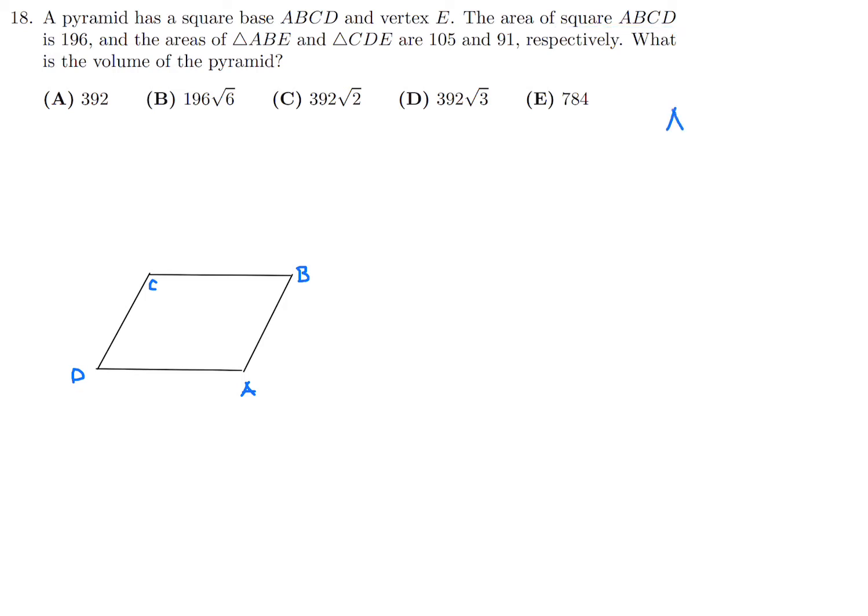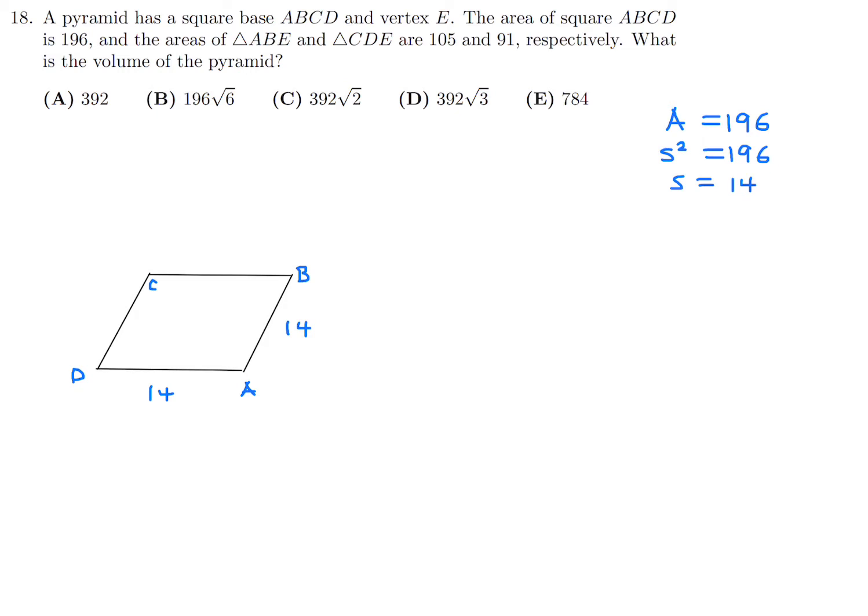All right. So because it's a square and its area is 196, and the area of a square is always calculated by the side squared, the side is equal to 14. So I can immediately label these guys 14, 14, 14 like that.